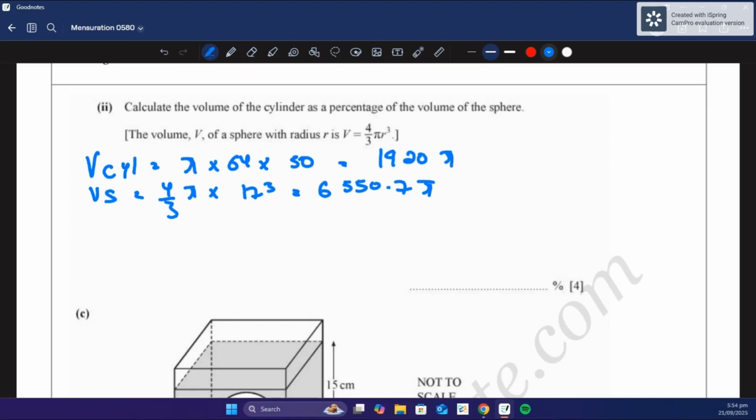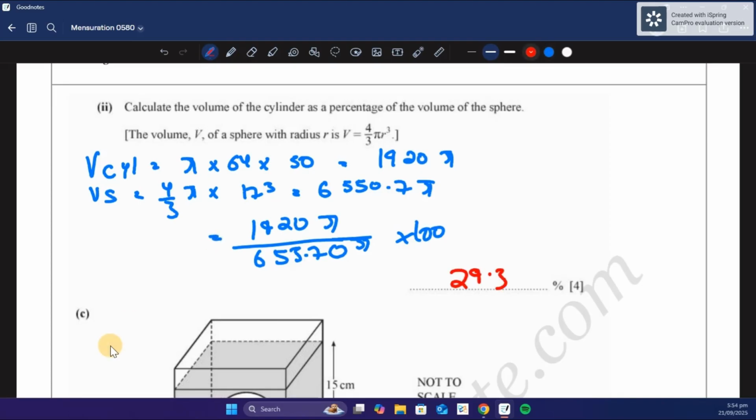Now we need to write this as a percentage. So this would be 1920 pi over 6550.7 pi into 100, and that should give us 29.3.